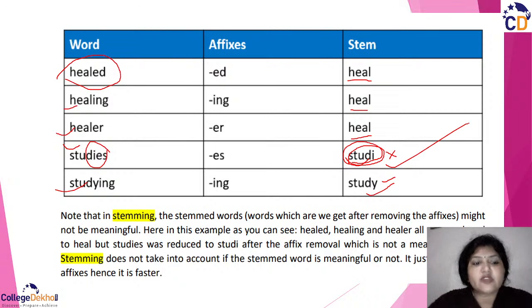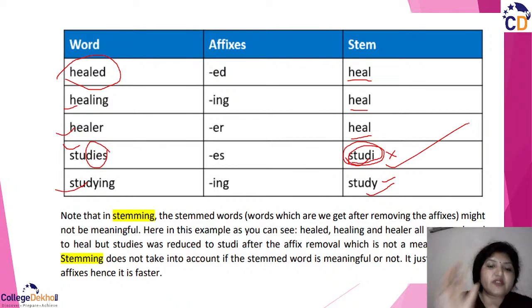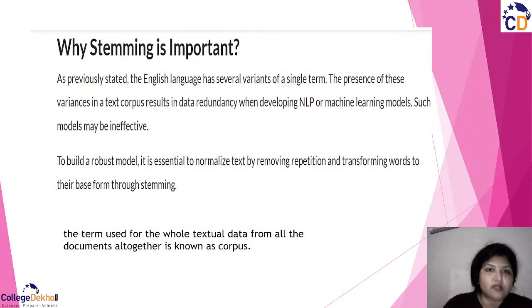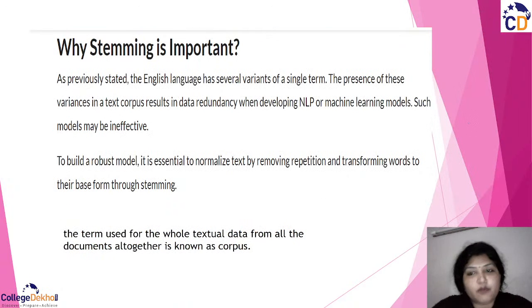Hence it is faster, because it does not check whether the remaining word would serve a meaning after removing the affix. It just gives you the remaining word, right? Now why is it important?